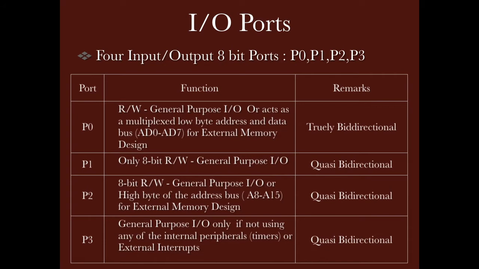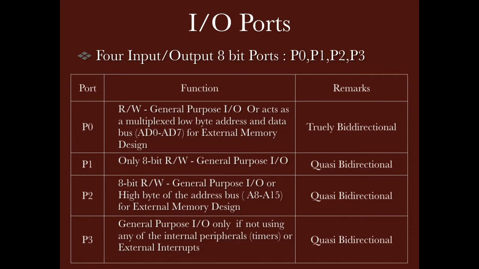Port P2 is either used as a general purpose IO port, or when we connect external memory to the microcontroller, this port is used as the higher order address bus A8 to A15 in conjunction with port P0, which is used as the lower order multiplexed address data bus AD0 to AD7.